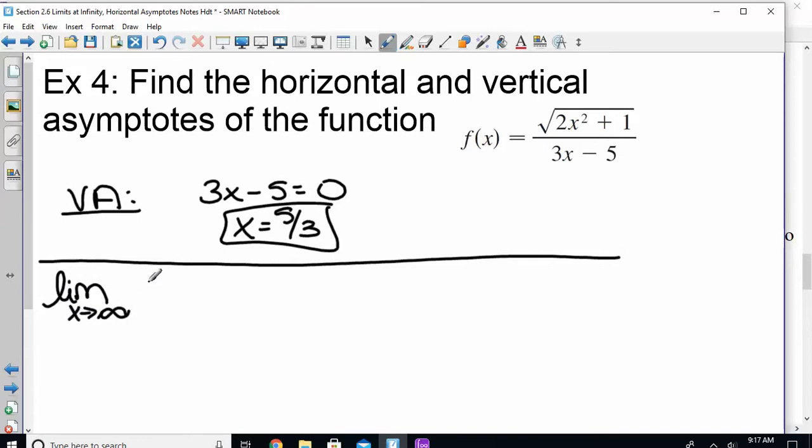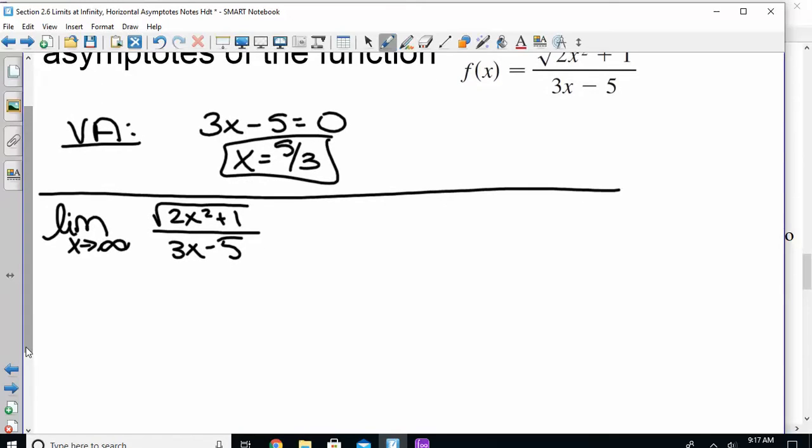So as I do the limit as x approaches infinity of this. Alright, on the last problem, our strategy was to divide top and bottom by the highest power of x. We're going to stick with that, but we have to think a little bit harder this time. I have an x squared, but it's under a square root.